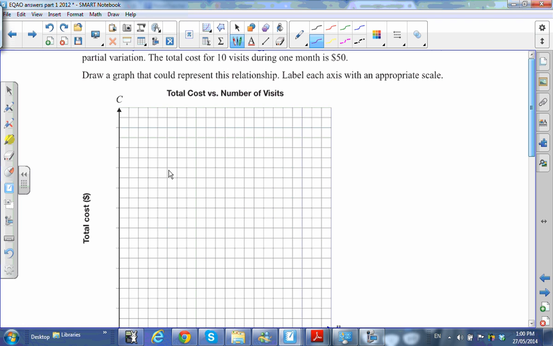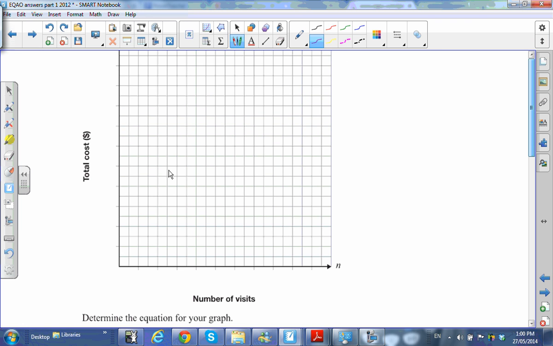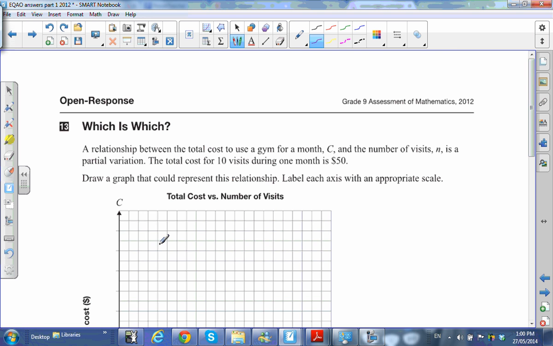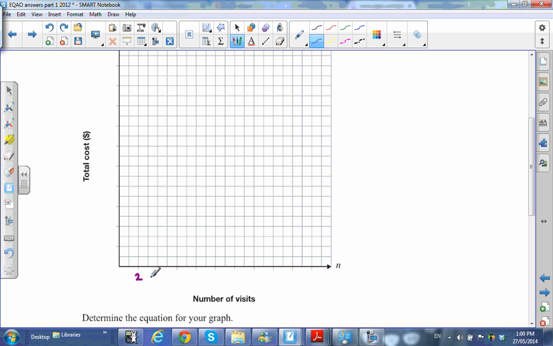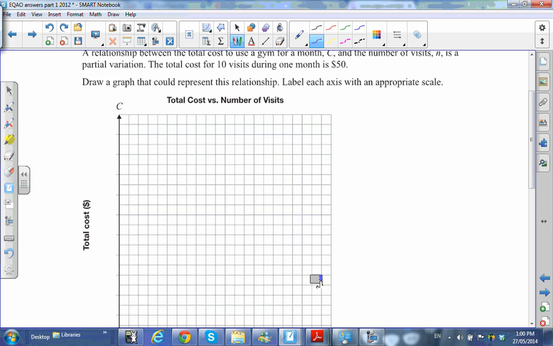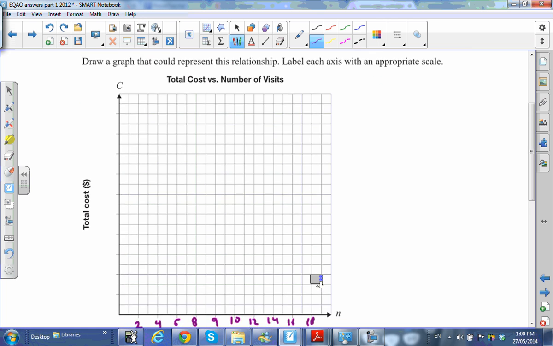So the total cost for 10 visits is $50. So we'll put some scale on here. So we'll have our visits down here. And it's $50.